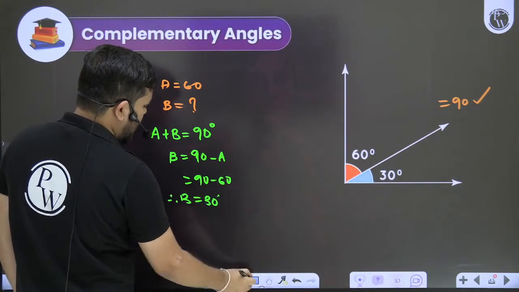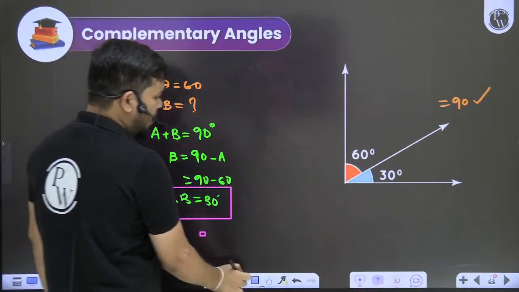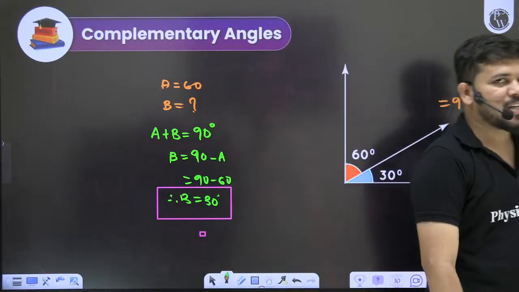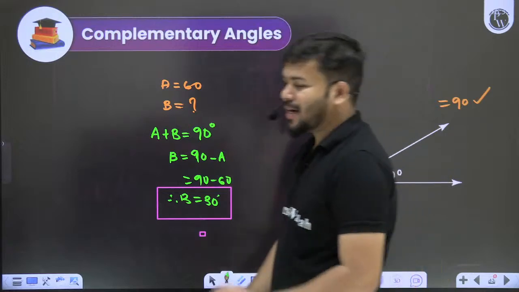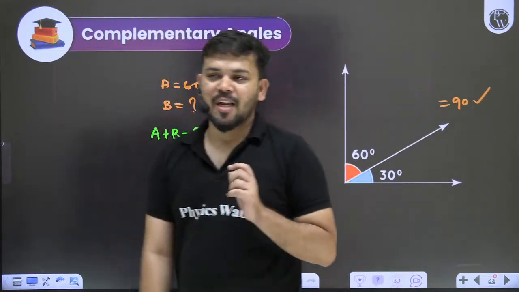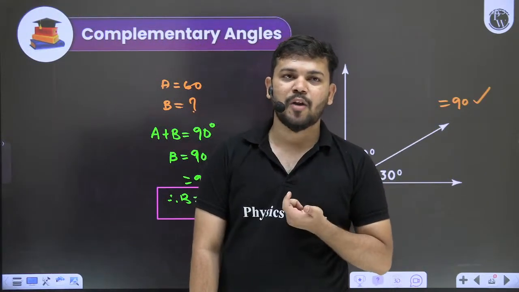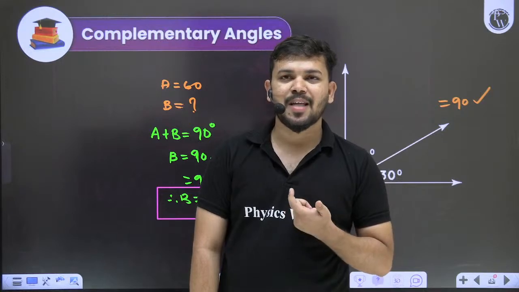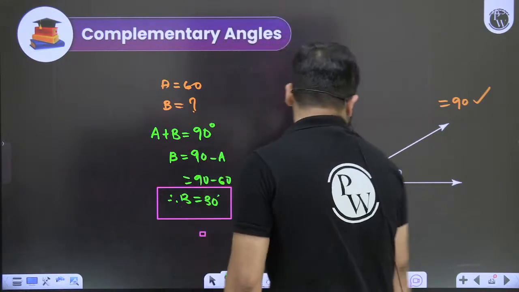This is my complementary angle concept. After adding the two angles, if you are getting 180, then it is known as a supplementary angle. If you are getting 90 degrees, then it is nothing but complementary angles.